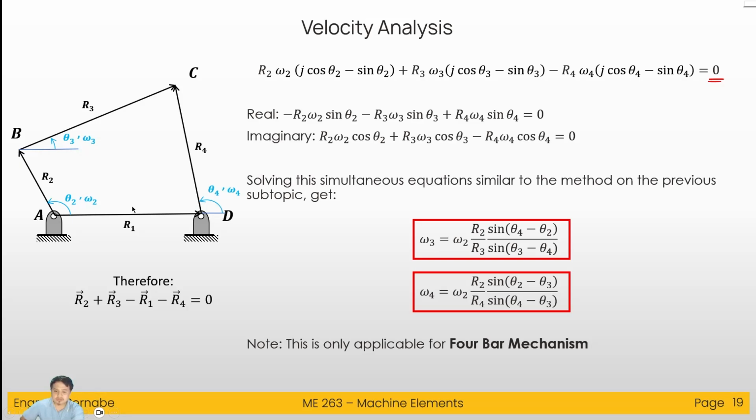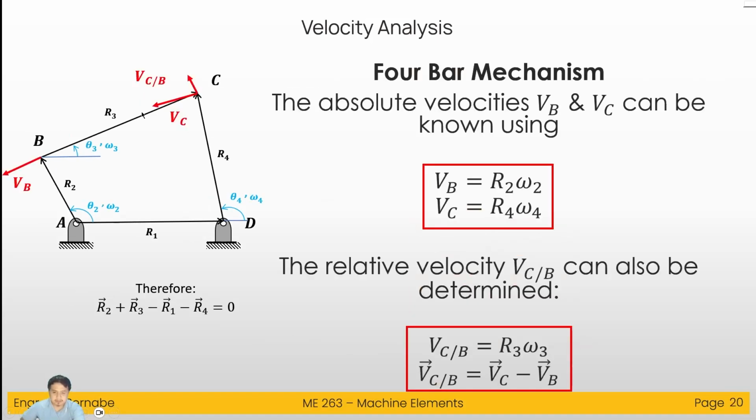If you want to now solve for the linear velocities at, let's say, point B, if this is rotating in this direction, you have a linear velocity at this point. You have some linear velocity at this point as well. So you have here a way to solve that. You can find VB, VC, and VCB by just multiplying the radius or the length of the link times its angular velocity. There are two ways to solve for VCB.